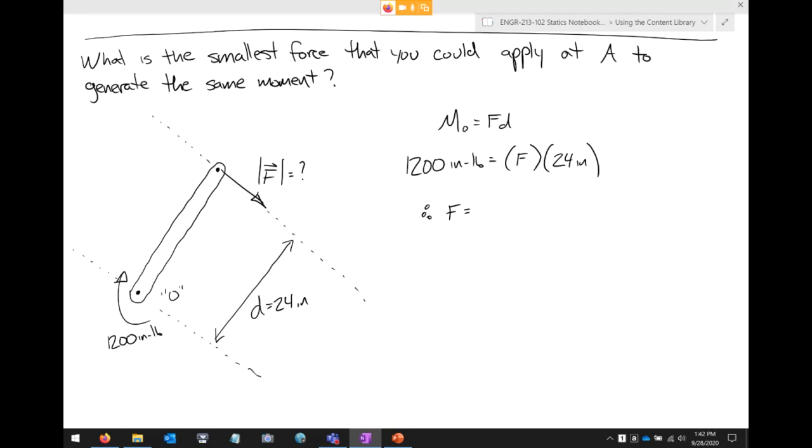There you go, 50 pounds. All right, so help me out. I don't think this is too bad. Anybody have any questions about this?